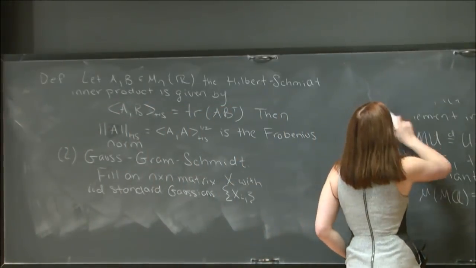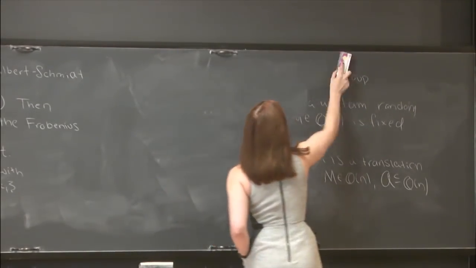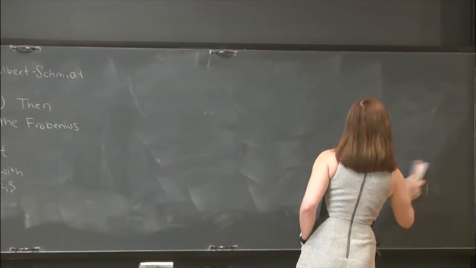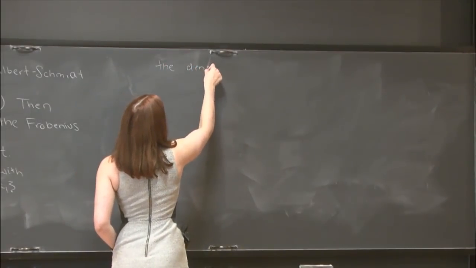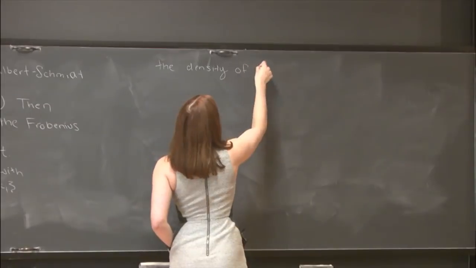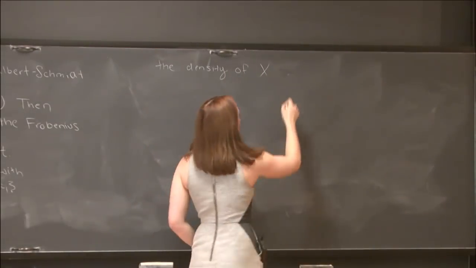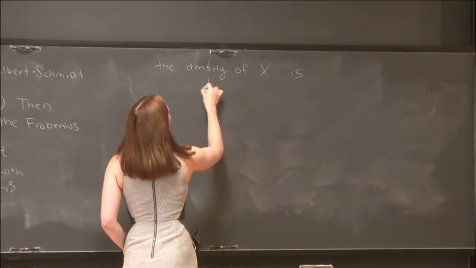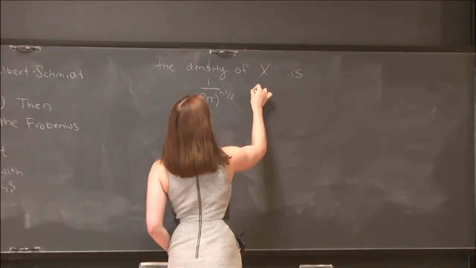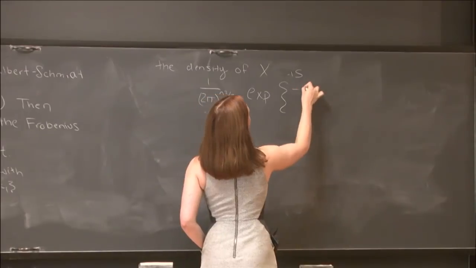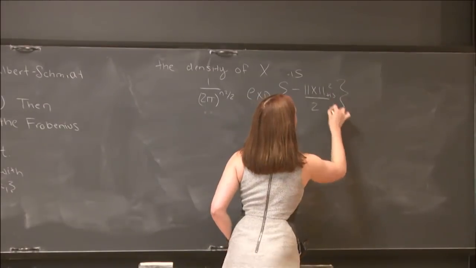So we know the density function for this X. The density of X with respect to the product dxij is 1 over 2 pi to the n squared over 2 times e to the minus the Frobenius norm squared of x over 2.